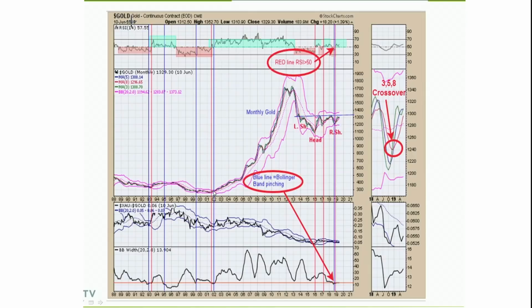In 2001, when it gave that same signal, when both the RSI was above 50 and Bollinger Bands were around 10, the market basically went from 250 to 1900. So that's about 600%. Now it's happening again. So this is kind of a rare event to get the RSI above 50 and the Bollinger Bands below 10. So we think something's developing here.